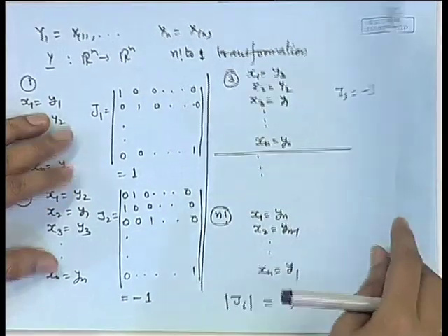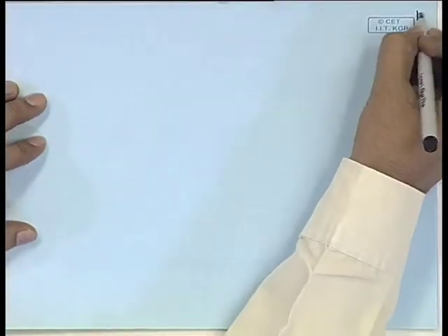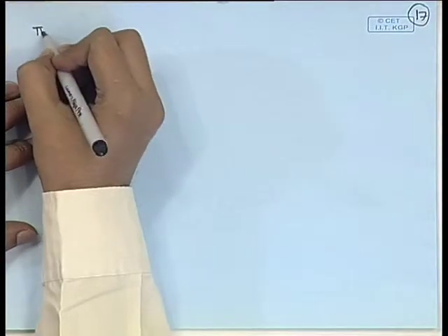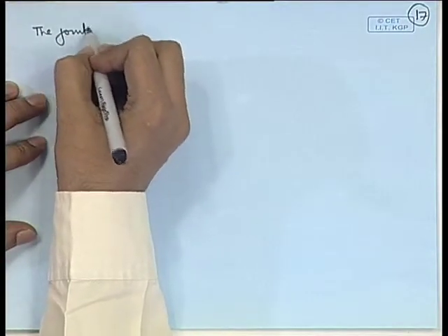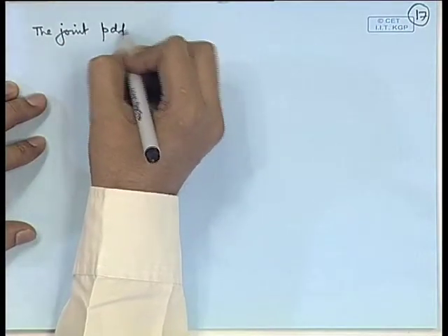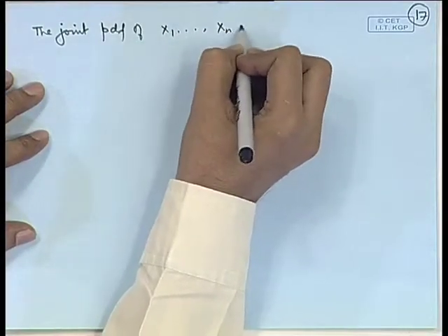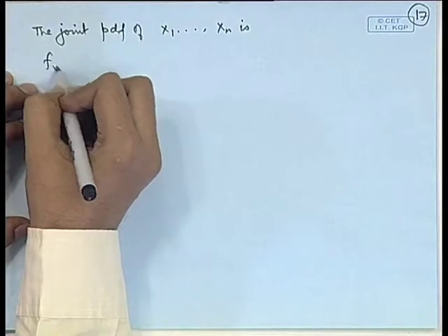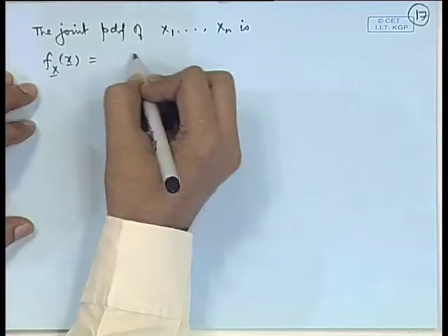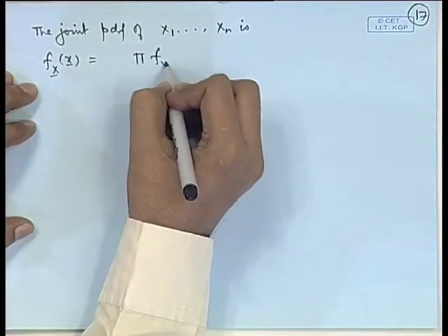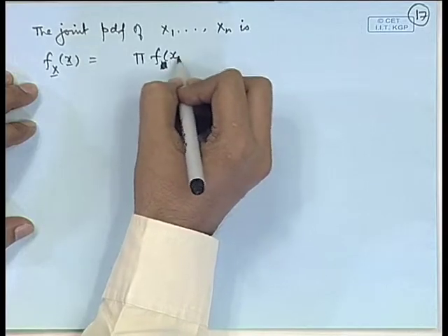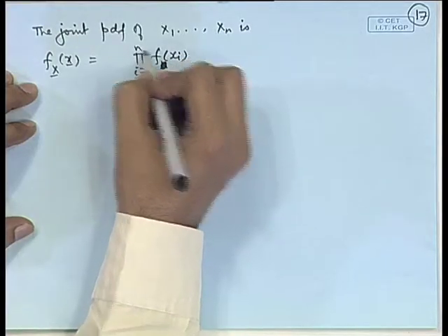Now, the joint distribution of x 1, x 2, x n is the product of f of x i, i equal to 1 to n.